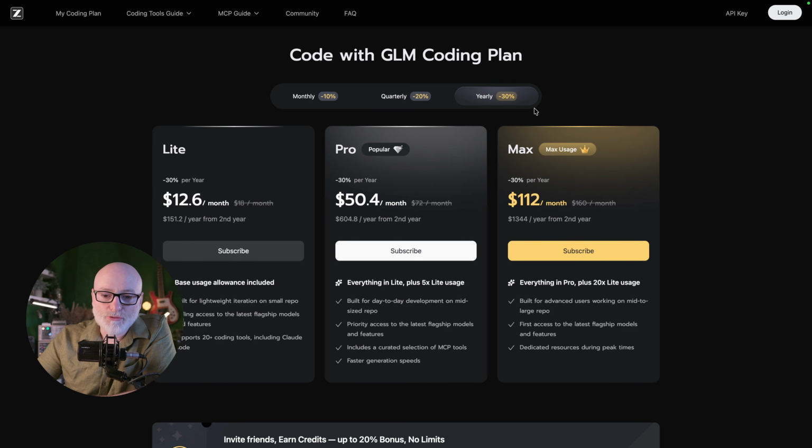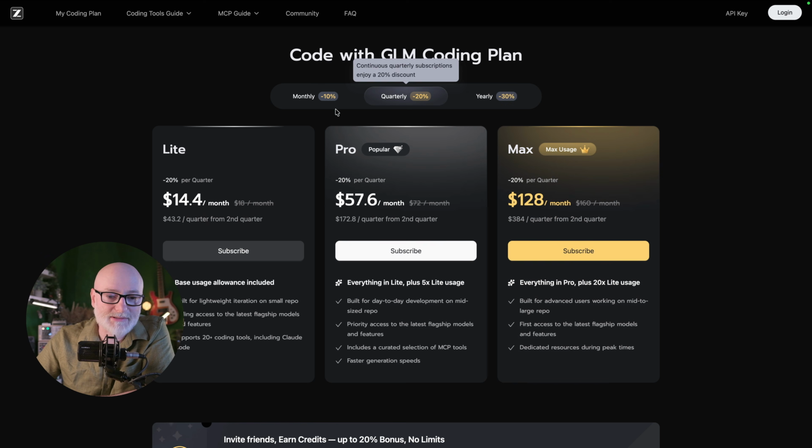I personally don't suggest using a yearly plan. I have the Minimax yearly plan, and I realize that those models are just going up and down, in the sense that now this GLM is better than Minimax. Maybe there is another one coming out. So getting stuck with one single yearly plan is a little bit too much. Maybe a quarterly makes sense.